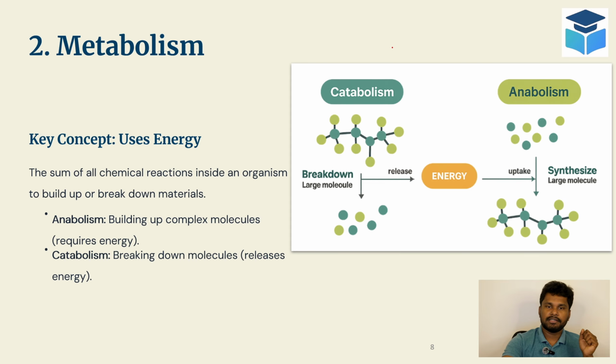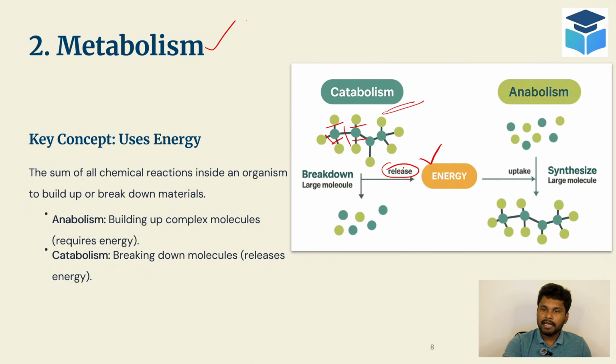Next, metabolism. The process of constructing something is known as anabolism, and the process of destructing or cutting something down is known as catabolism. Let us see about the catabolic process first. Catabolism is nothing but breaking down of bonds to release energy.